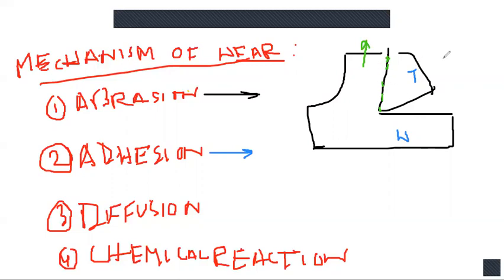When the tool penetrates the job, high stress is generated on the tool and chip, and high temperature is also generated, so there is a chance of work material particles and tool particles becoming welded together and sticking together.